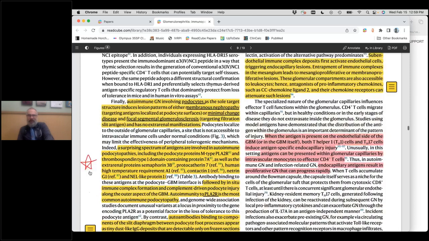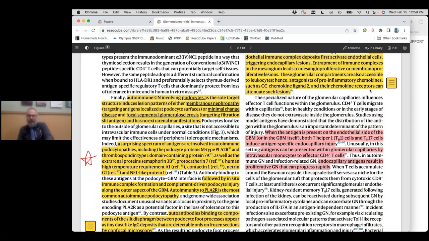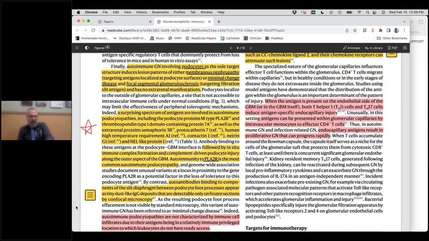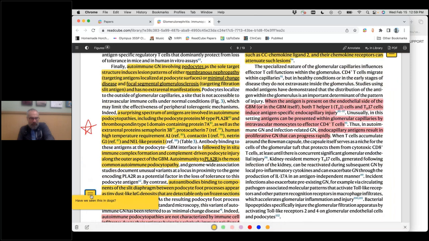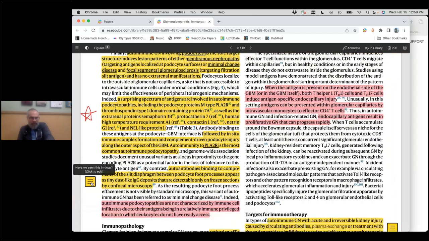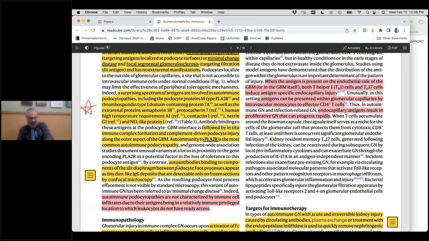Okay, we're coming to the very end. Let me just see, there were many other major things. I asked myself a question: have you seen this in dogs? Antibodies against these tiny dust-like IgG deposits, which occur due to antibodies binding to components of the slit diaphragm.